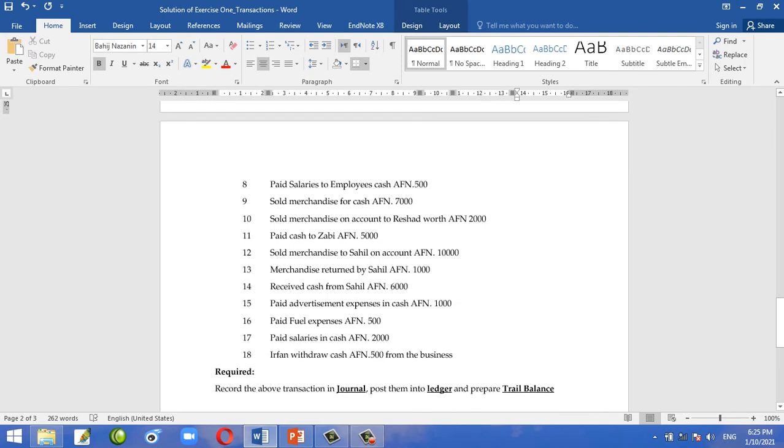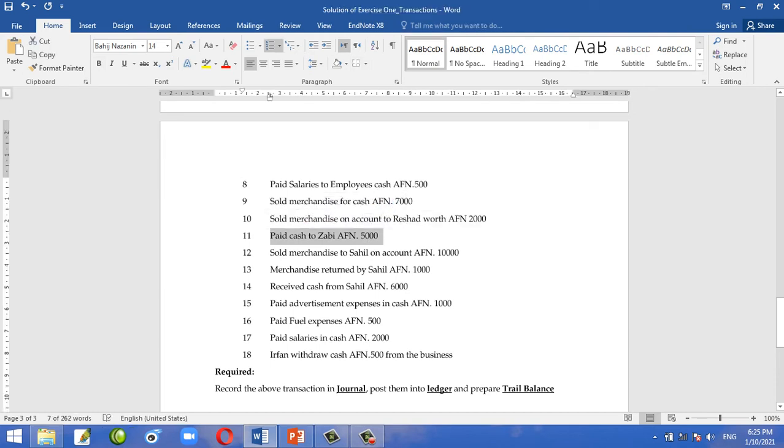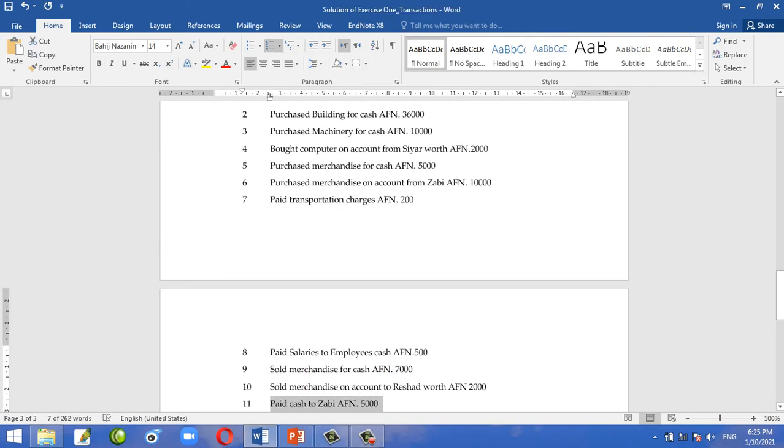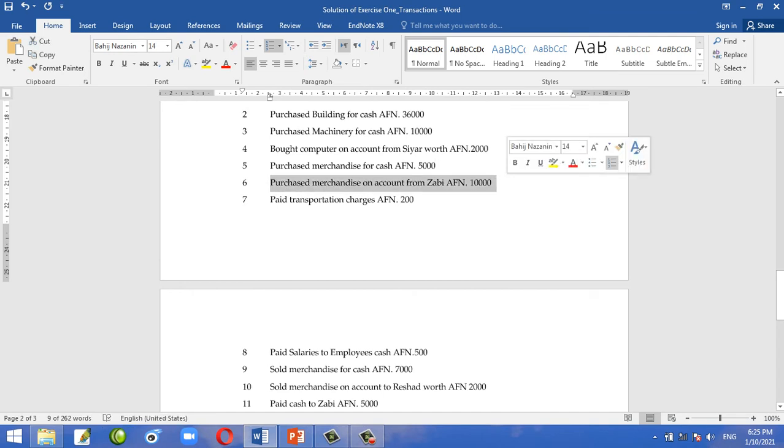Now come to the 11th one, paid cash to the B Afghanis 5,000. What does this transaction mean? Pay attention. If you remember, we purchased merchandise from the B on 6th of October. Purchase merchandise on account from the B worth 10,000 Afghanis.